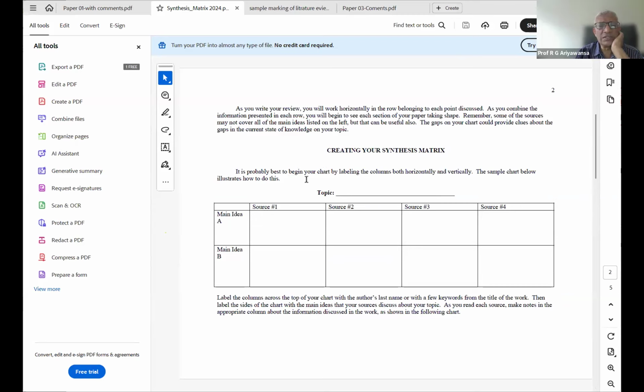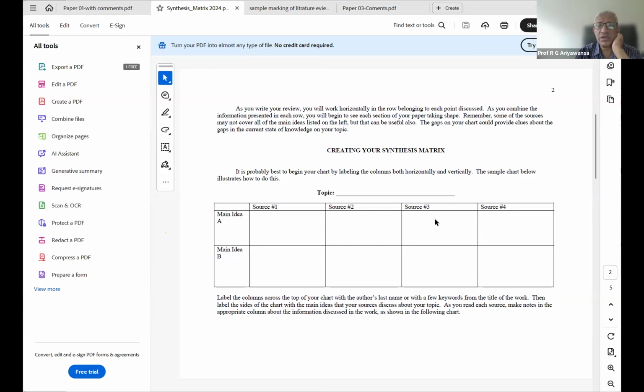For research, having a table like this, you can organize and collect various facts and different views from different sources.